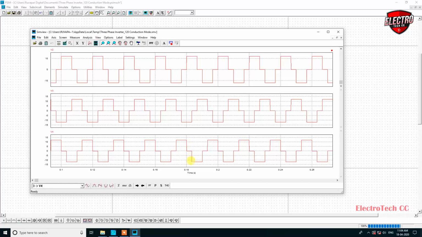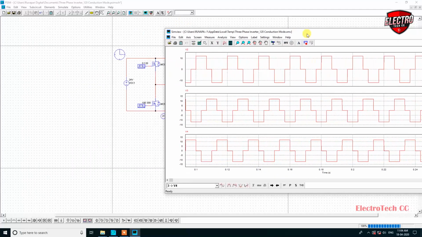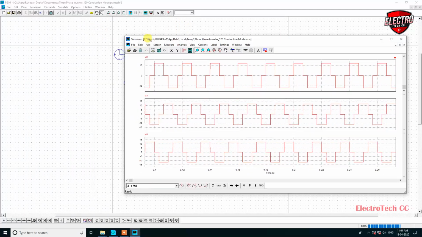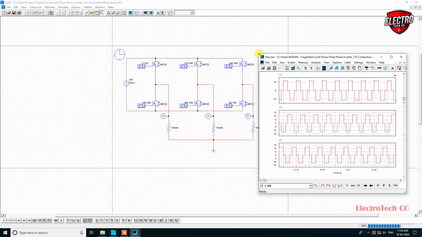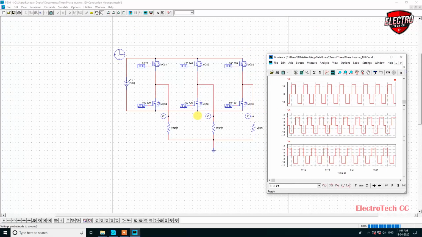So this is a simple 120 degree conduction mode 6-step bridge inverter.